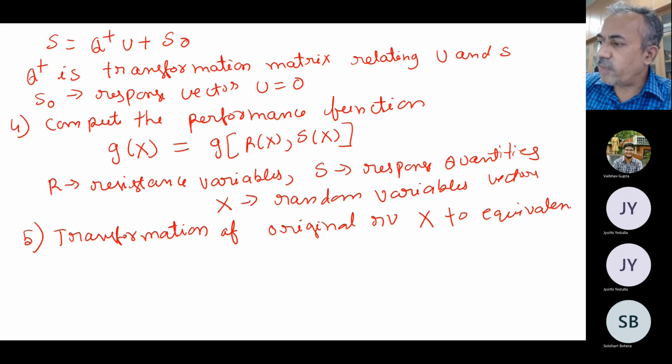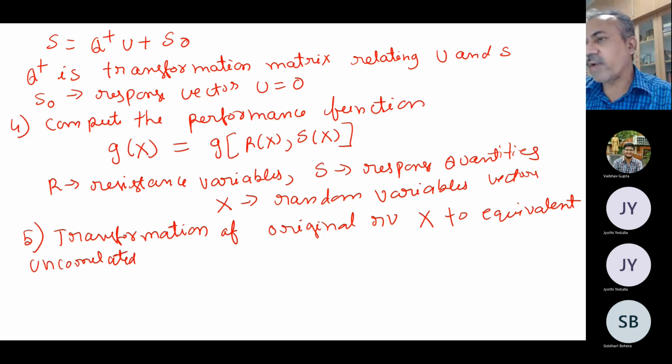The random variables may be correlated also. Sometimes your Young's modulus, moment of inertia, breadth may be correlated. We have already said that if the random variables are highly correlated, we do eigenvalue, eigenvector analysis and then make all of them uncorrelated. So we remove all these things before you go into reliability analysis.